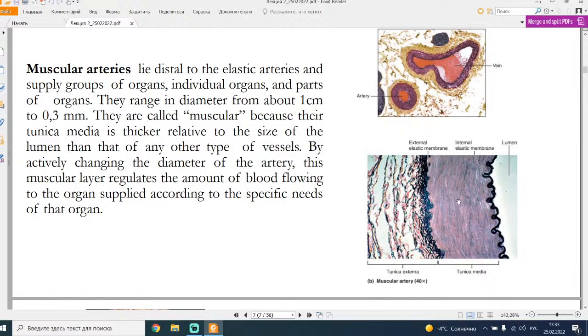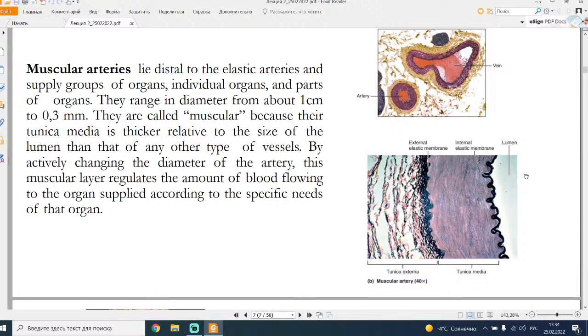By actively changing the diameter of the artery, this muscular layer regulates the amount of blood flowing to the organ supplied according to the specific needs of that organ.